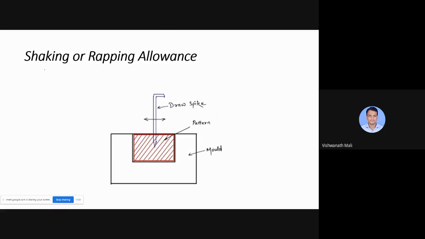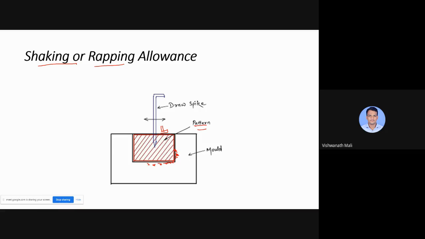Then we have studied the shaking or rapping allowance. What is this shaking or rapping allowance? To get the required mold, we ram this pattern. Due to ramming, whatever sand is around the pattern gets closely packed and sticks to the pattern.